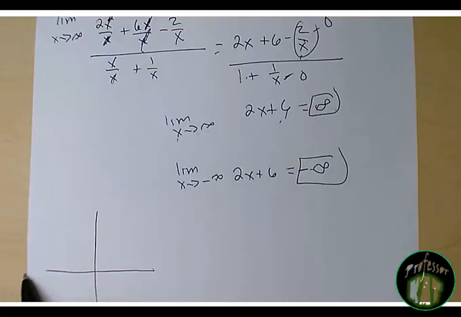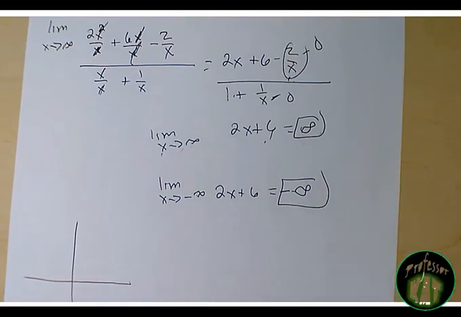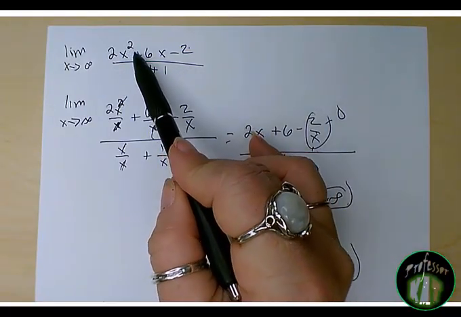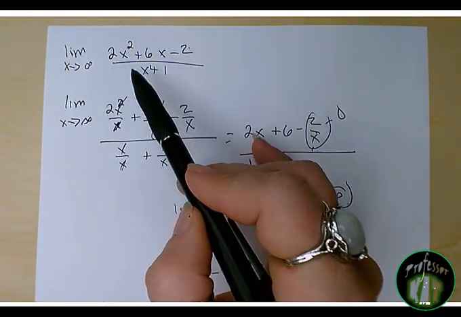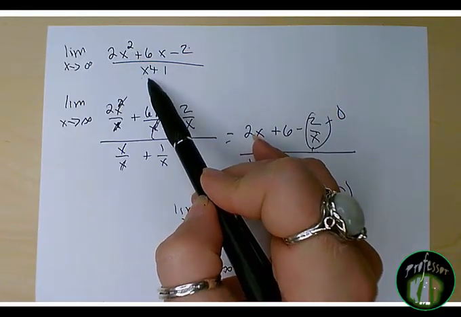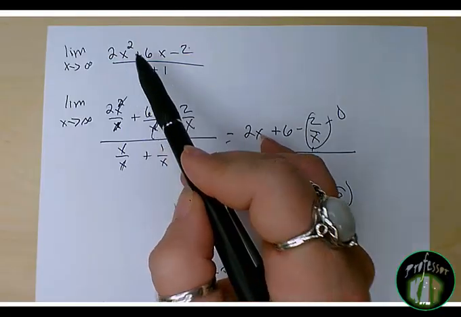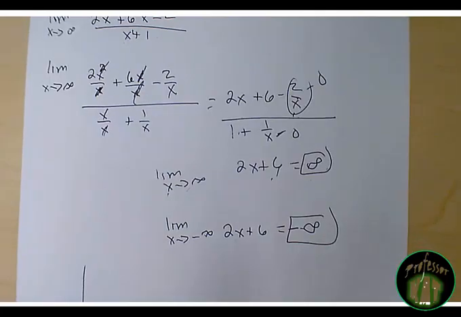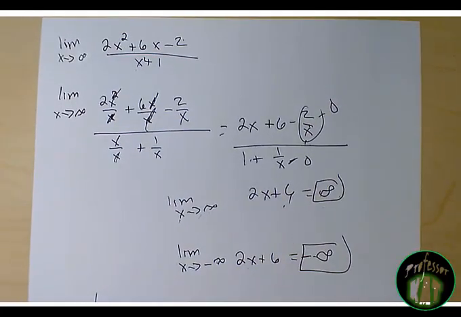The further it goes negative, it's going to shoot off to negative infinity. But with rational functions, if the degree of the numerator is just one more than the degree of the denominator, and here we have a degree of 2 and a degree of 1, that is a sign that we have a slant asymptote.